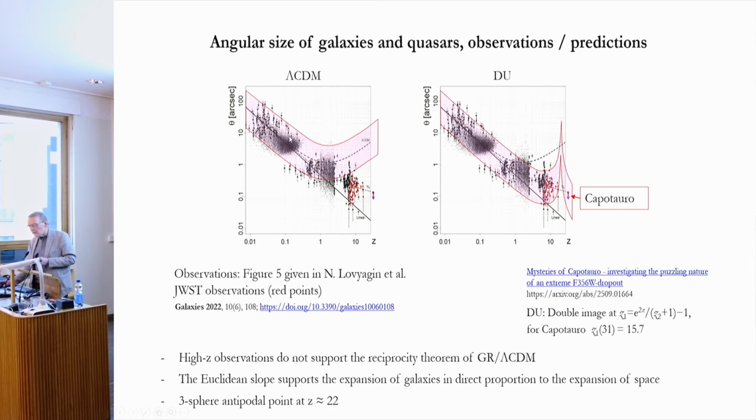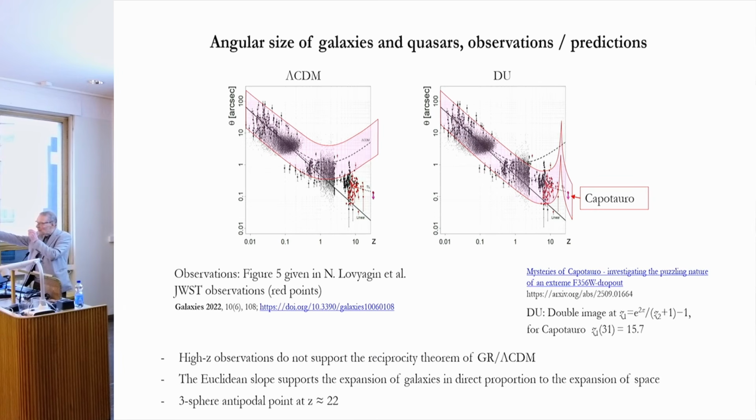And we can find that the prediction of the existing theory requires that we are under this pink area in the left-hand side picture. In dynamic universe, the development is Euclidean, and what is the interesting point here, we can find a very strange peak, and it means that we are now looking back to redshift about 22, which means that we are looking to the opposite side of the spherical space here.